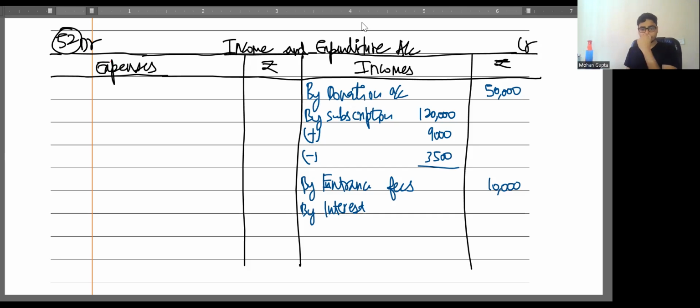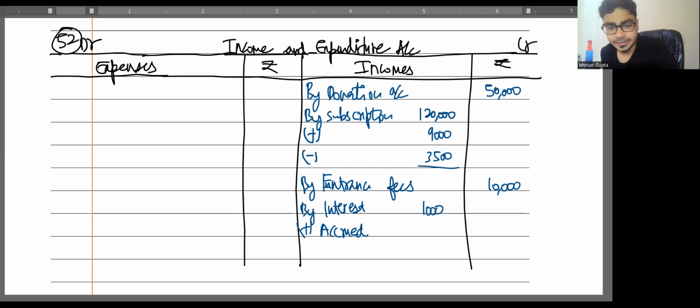So basically, what is the interest that we have already received? 1,000 we have received, and the accrued, which means we are yet to receive, will be added. Because outstanding at the end, yet to receive at the end, is added.